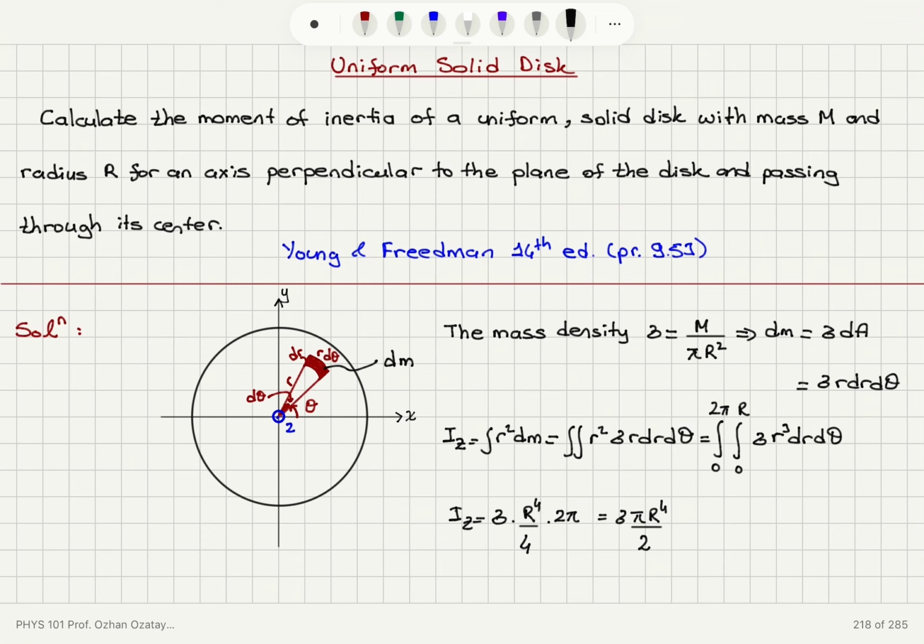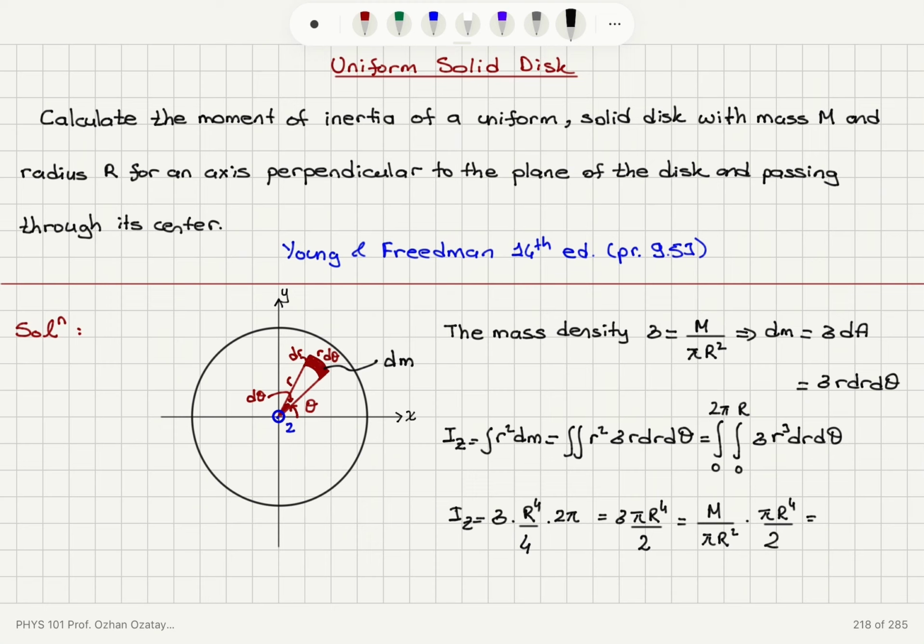Now we can substitute for sigma our uniform areal mass density, capital M divided by pi capital R squared, multiplied with pi capital R to the 4th power divided by 2.